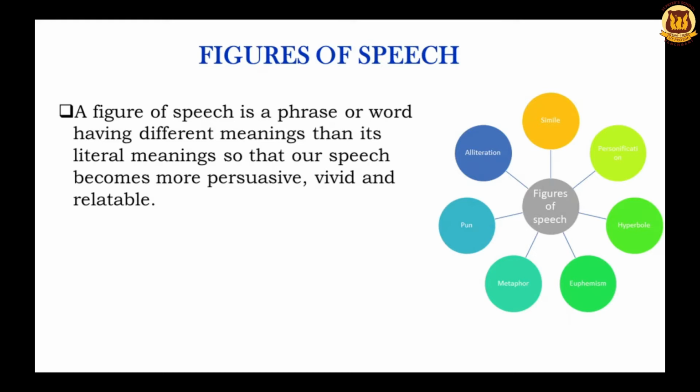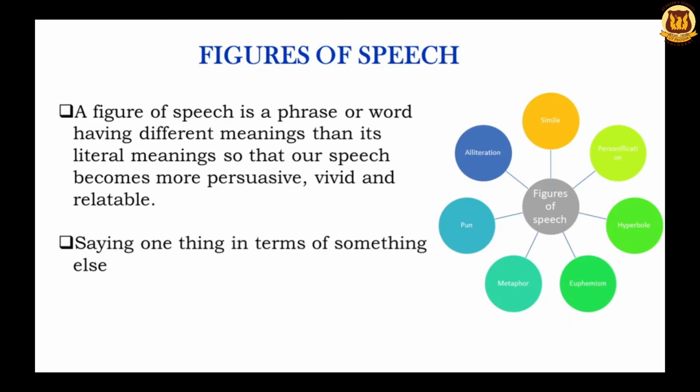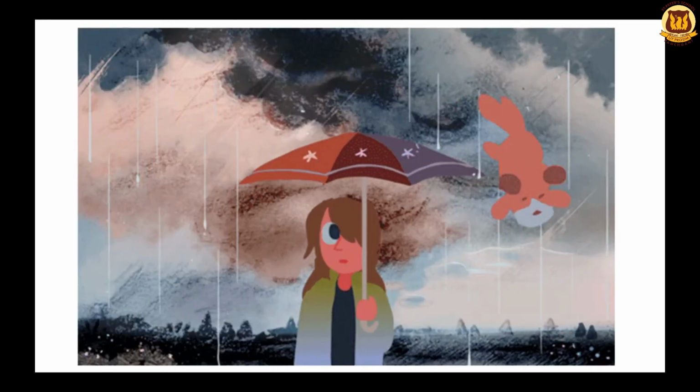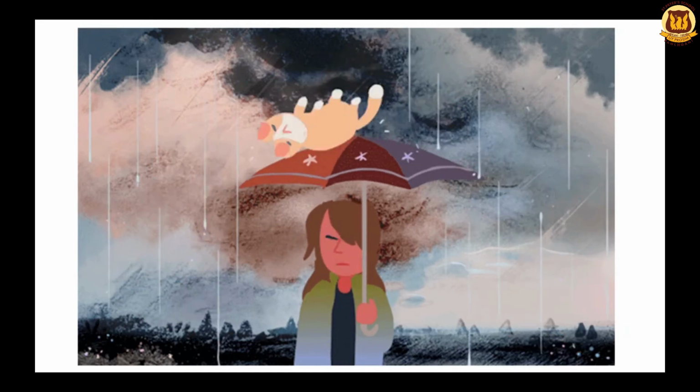Whenever you say something but you don't mean it literally, you are using a figure of speech. For example, let's say you are about to head out to a store and your mother says, "You better take a jacket, it's raining cats and dogs out there." Does your mom literally mean animals are falling from the sky? Of course not.